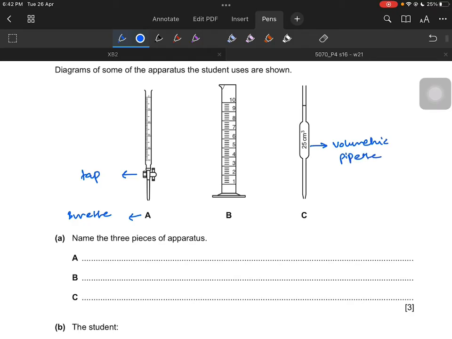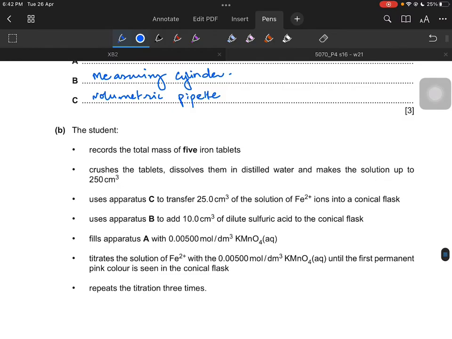So A is going to be a burette, B is going to be a measuring cylinder, and C is going to be a volumetric pipette.